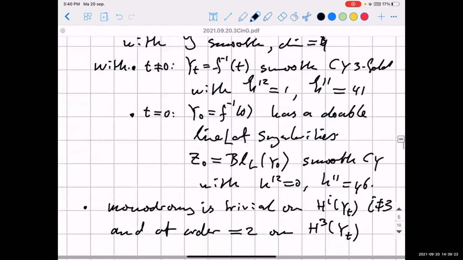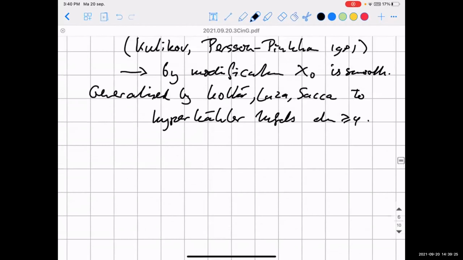if you look at our family here, so we have this family over the disk, and now we blow up over the origin, blow up that line, then inside here we have y0, and then we have the strict transform, which is here.